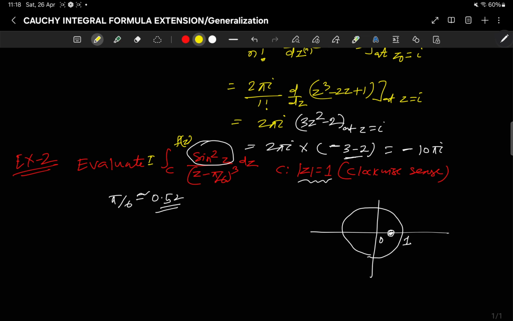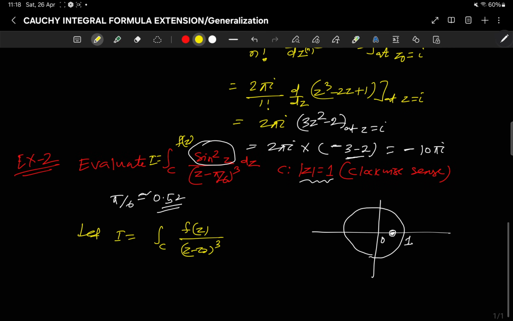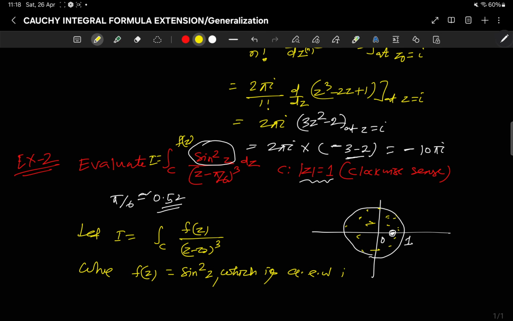So I write, let this integral be I. Let I be equal to the integral over C of f(z) by (z minus z0) to the power 3, where f(z) is equal to sine squared z, which is analytic everywhere in C, within this path.